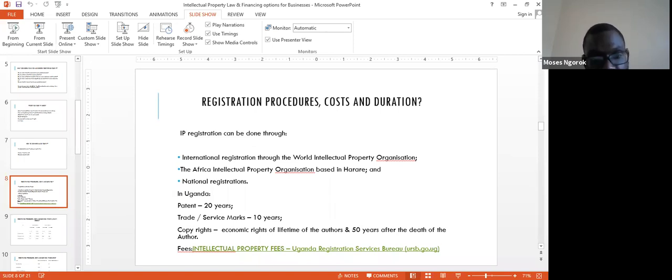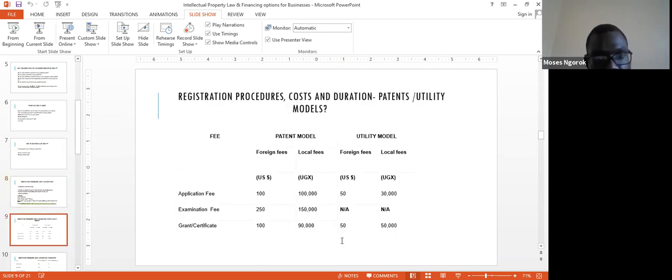For more information on that, you can go to the Uganda Registration Services Bureau website. They have useful information on registering the different trademarks, how long they last, and the procedure, like the steps. I didn't think we should get into the actual steps of registration today. But in terms of costs, this is what it looks like for patents in Uganda.